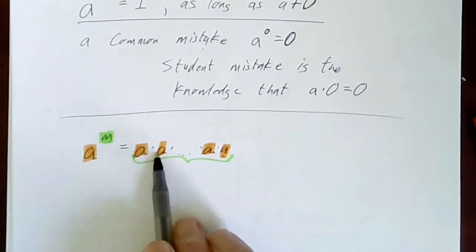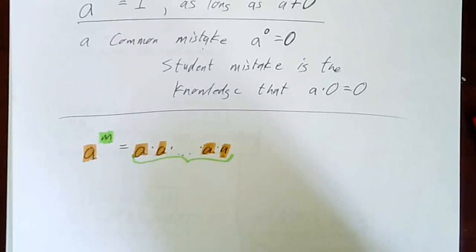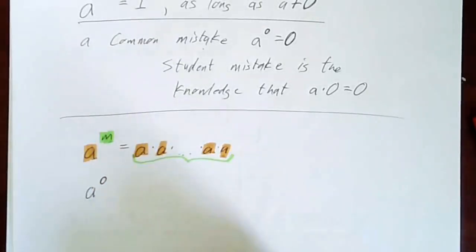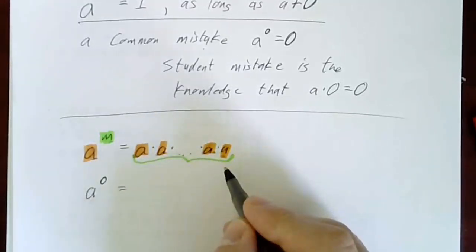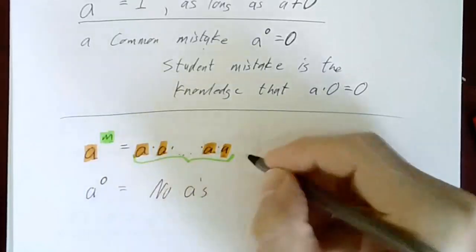We have 1, 2, and so on, m minus 1, and then m. So what does it mean to have a to the zero power? Well, that means that I technically have no a's.